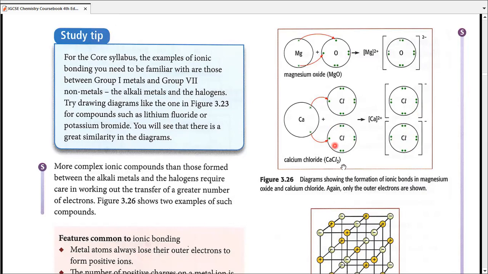But the formula is balanced since we write CaCl2. This kind of formula gives you a very good idea about the number of atoms. It clearly tells us there is one calcium atom but two chlorine atoms. So these kinds of structures are a little tricky.